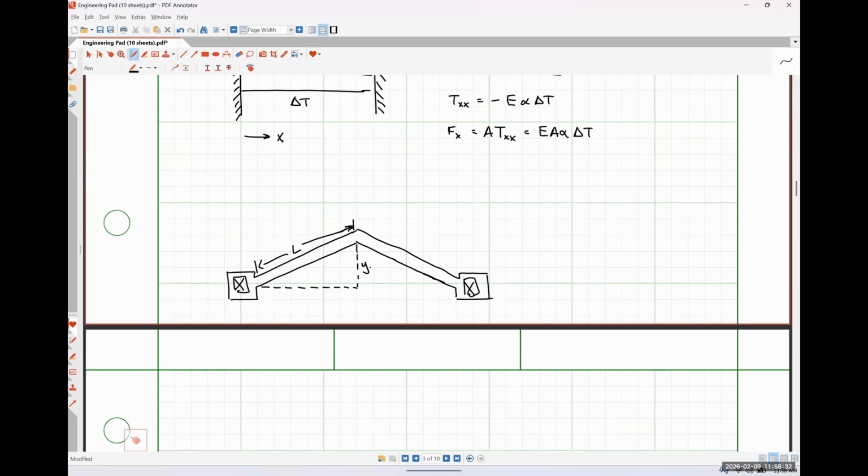So this height is going to be y naught, L naught, and x. Okay. So the naught subscripts there are for what our values for these things are before we heat this bad boy up. Okay.